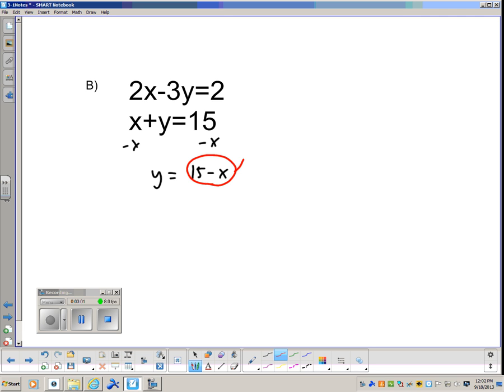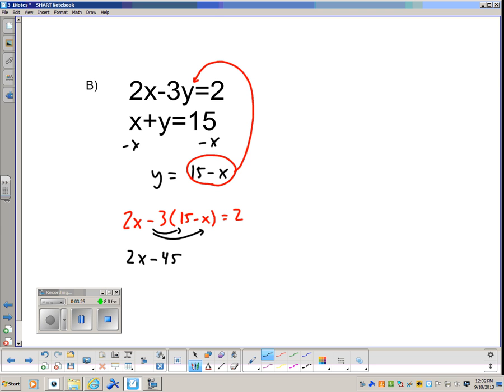It says y equals that, and I'm going to put that in there for the y. So rewriting that first equation, I get 2x minus 3 times 15 minus x, plugging that in for the y, equals 2.